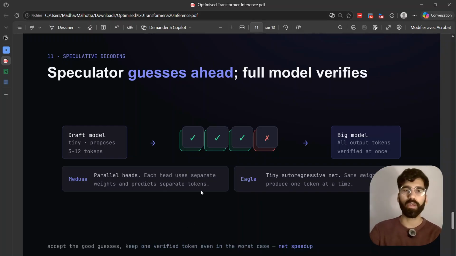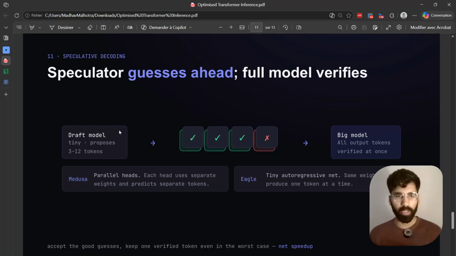The reason is that for each of the good tokens, while the big model is running, it didn't have to do multiple computations to get each of them, so it just gets them for free. And while it's doing the computation, it can still produce the one token that it usually would. So that part is always happening. So as long as at least one of these is being accepted, then the big model is getting free tokens for the same amount of work.